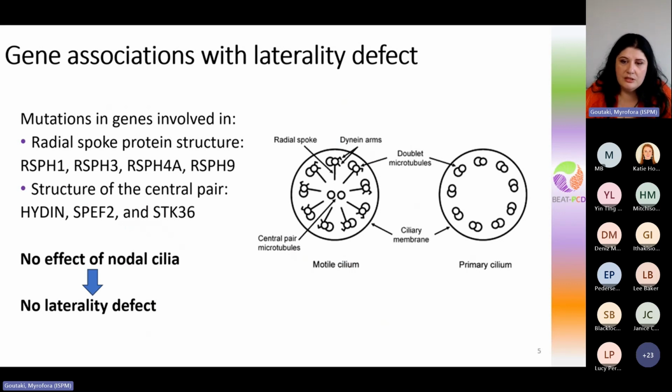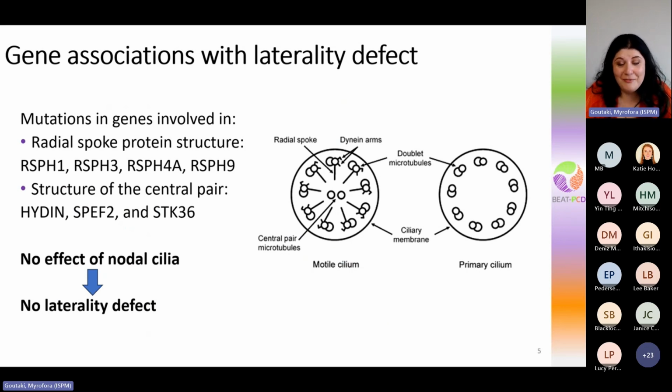For this reason, it's easy to observe and understand that mutations in genes involved in the protein structure of the radial spoke or the central pair do not have an effect on the nodal cilia, and they do not lead to laterality defects. That has been studied in several of these genes, and is something that we know and we expect.